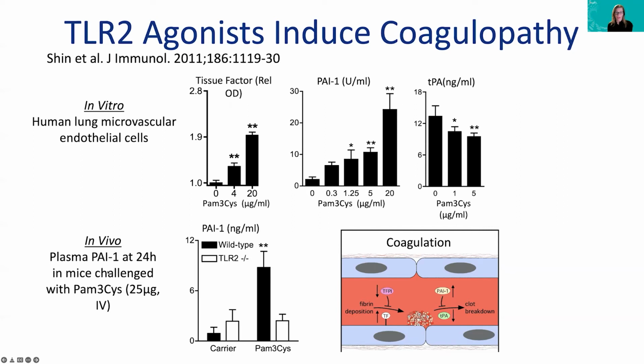In the bottom panel, wild-type and TLR2 knockout mice were treated intravenously with PAM3-Cys, and we found that PAM3-Cys upregulated PAI-1 levels in the blood of wild-type, but not TLR2 knockout mice.